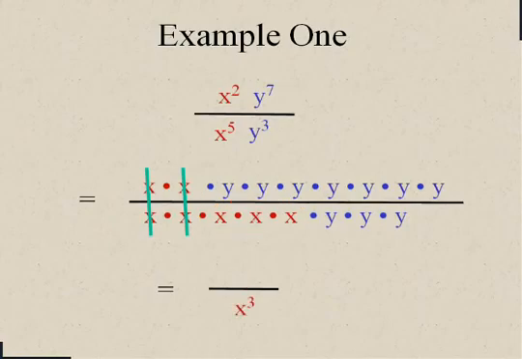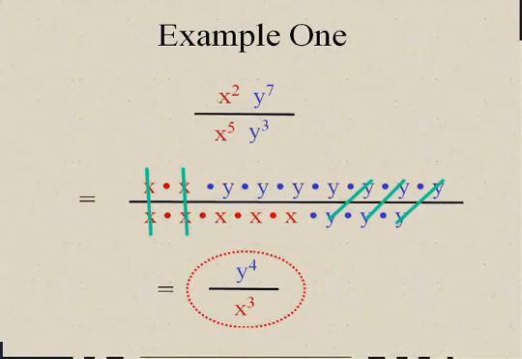Now as far as y's are concerned, I can cancel anything in the top with something in the bottom, as long as they're the same and they're multiplied. And that leaves me with y to the 4th. And that's your answer.